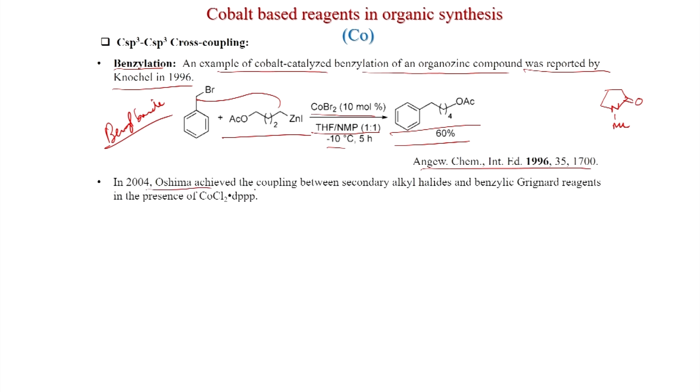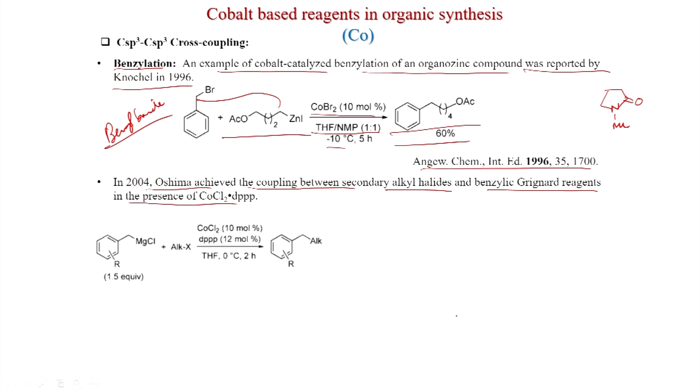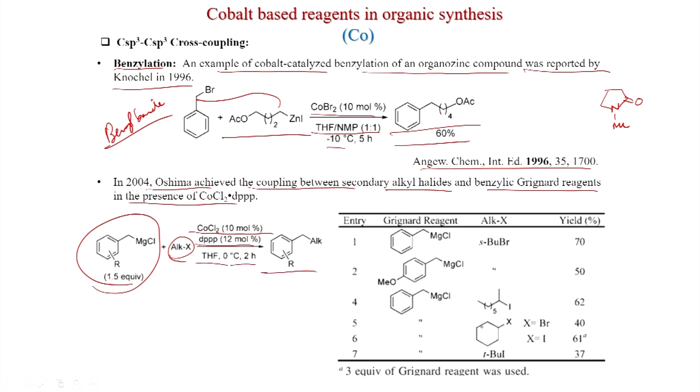In 2004, Oshima achieved the coupling between secondary alkyl halides and benzyl Grignard reagents in the presence of CoCl2 and DPPP, diphenylphosphinopropane. So this is the benzyl magnesium chloride. Now alkyl X with CoCl2 10 mole percent. Here DPPP is the ligand, with THF, 0 degrees centigrade, 2 hours, you get this cross-coupled product. And you can see the scope here.